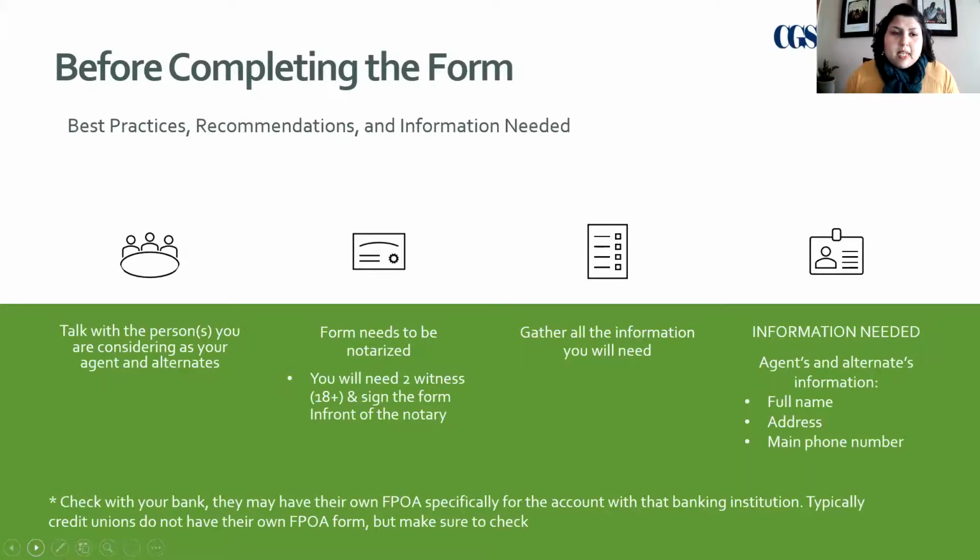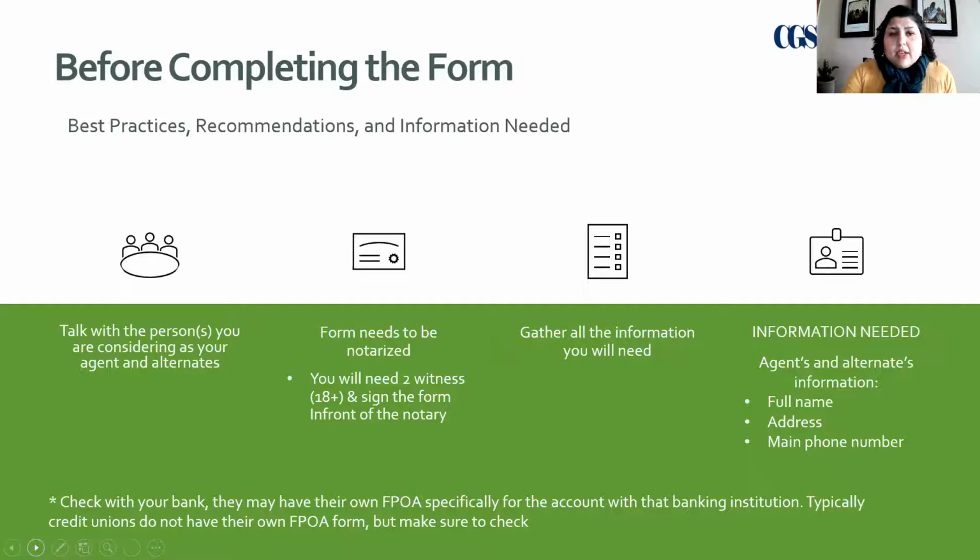So before completing the form, let's focus on some best practices, recommendations, and the information that you will need. So the first thing, like I previously stated, make sure you talk to your agent and alternates. Make sure that they understand what you're asking of them. If they are not willing to take the responsibility, please note that it is a responsibility.